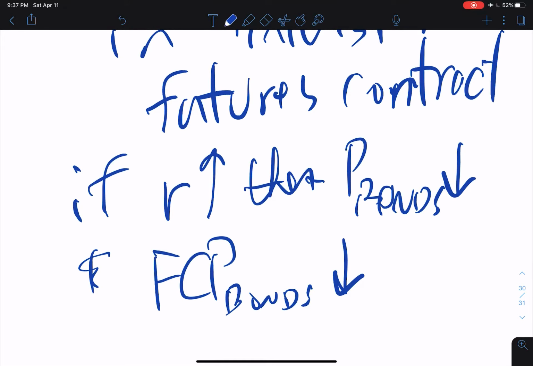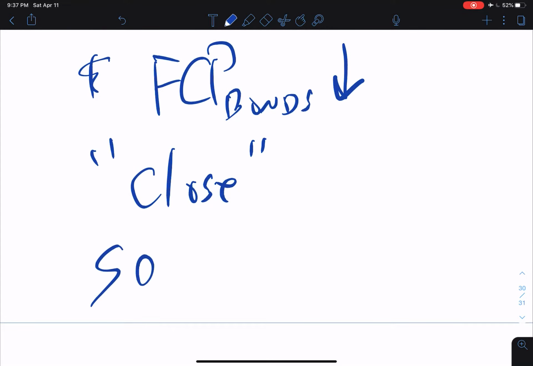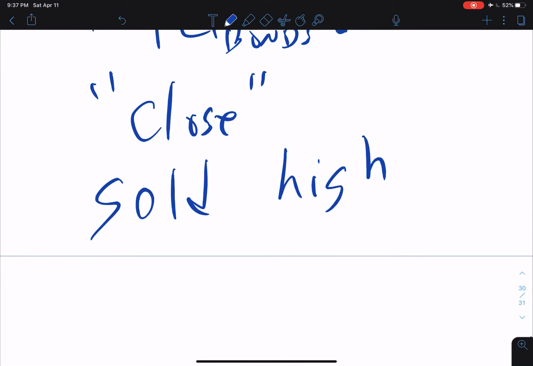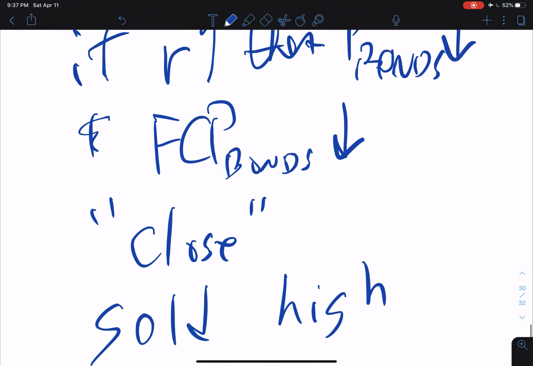And that means you could close your position. You could close, in quotes, your position by buying back the bonds at a lower price. So you would effectively have sold high and then bought low later on. That's if interest rates do rise.